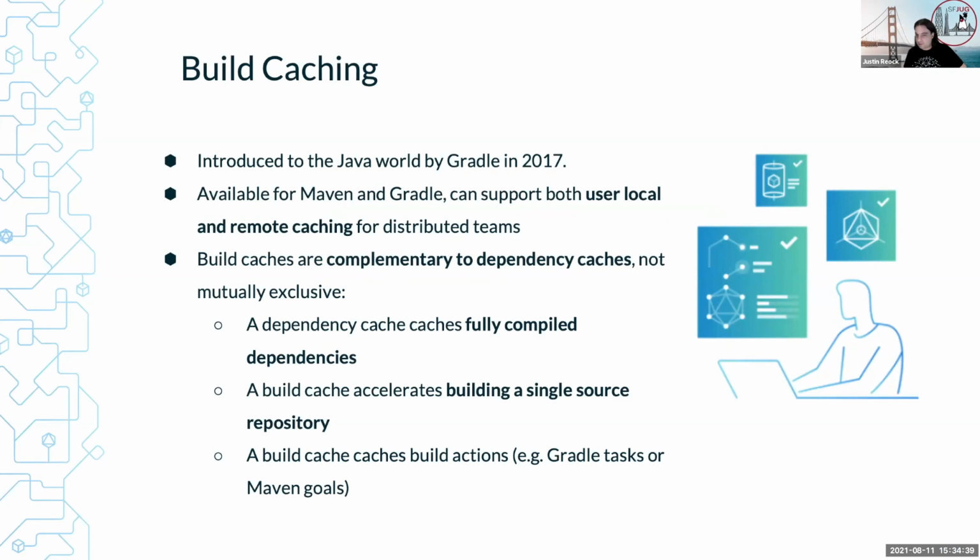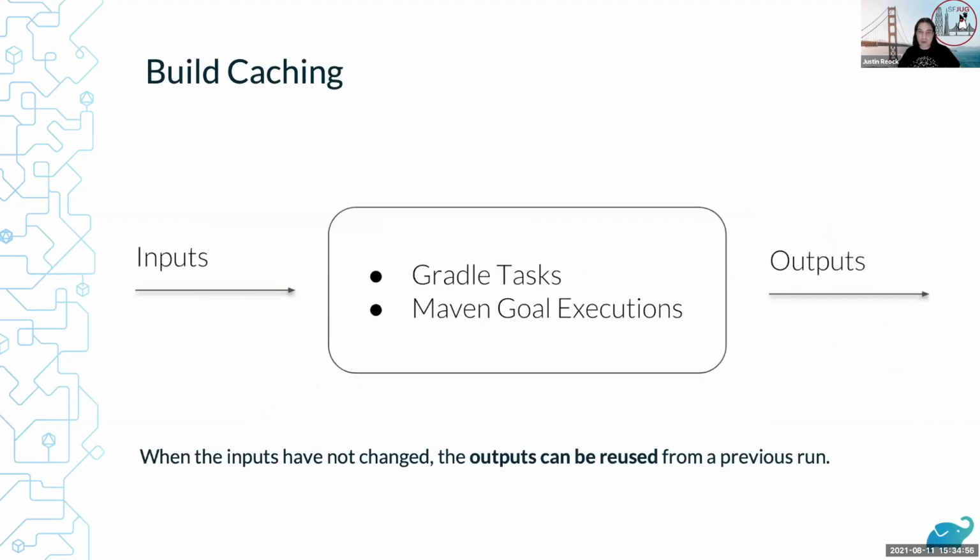But what we're actually talking about is accelerating the building of a single source repository, or a single set of modules, or a single monorepo or whatever. And that one build will have tasks and goals that can be reused from previous builds. So what we really do is take a look at all the inputs to our Gradle tasks or Maven goal executions. This could be code, right? Mostly it's talking about code.